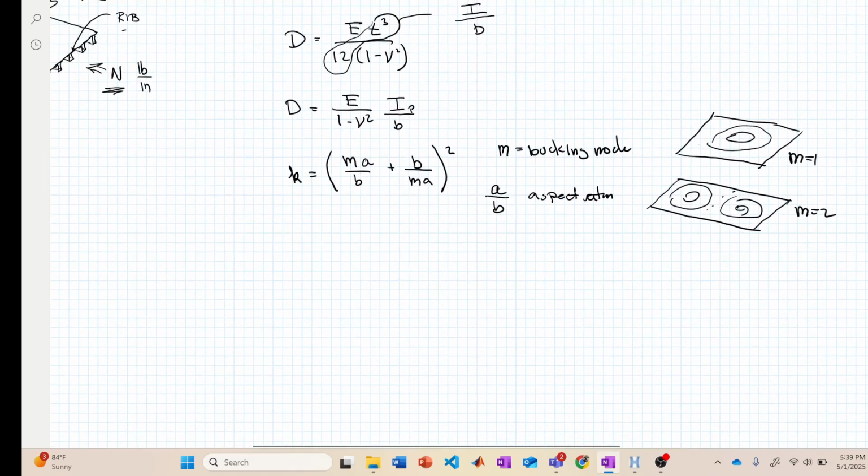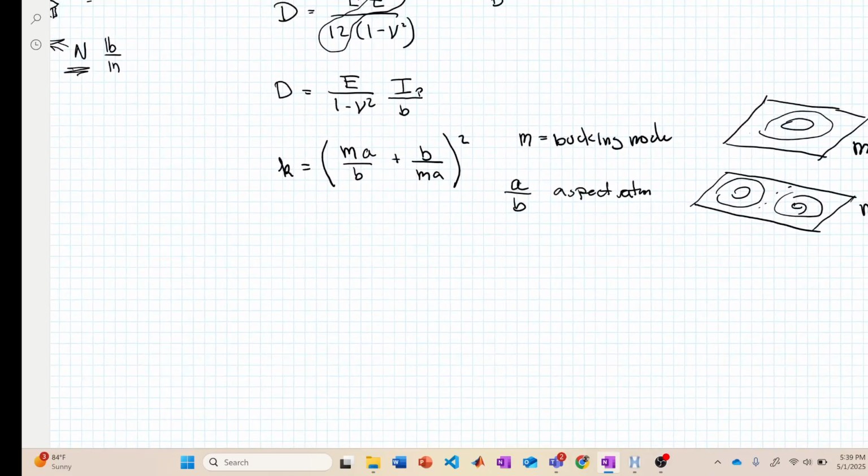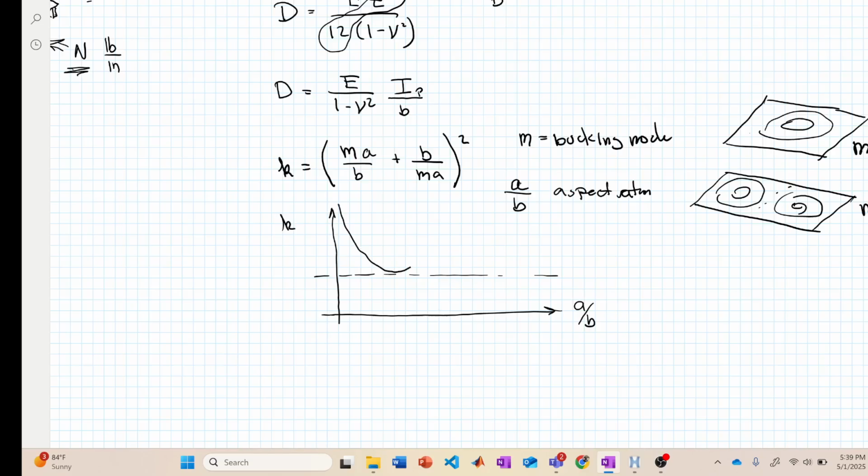Now, if you remember, when you look at this and you plot it out, if we plot on the x-axis the aspect ratio A over B, and we plot K on the y-axis, what you get are these curves depending upon the mode, and K is going to be the lowest value.